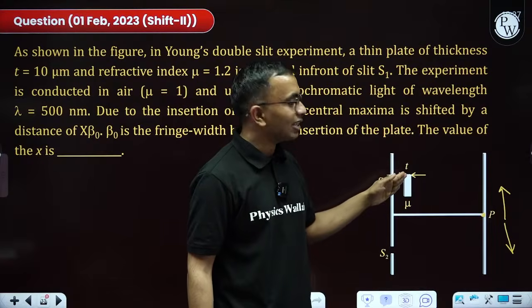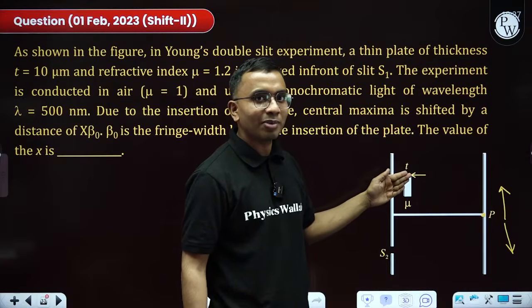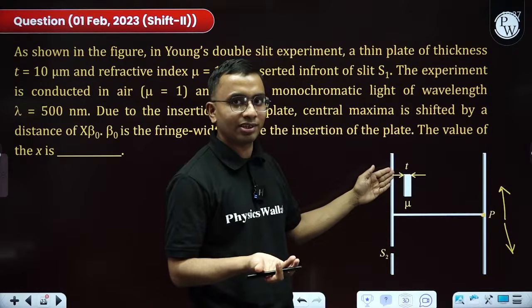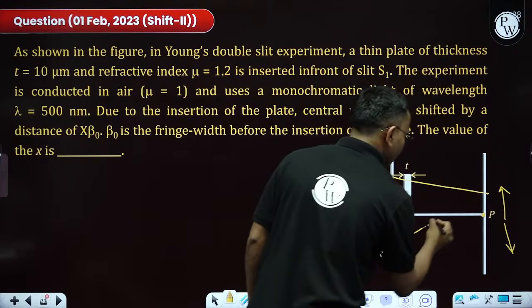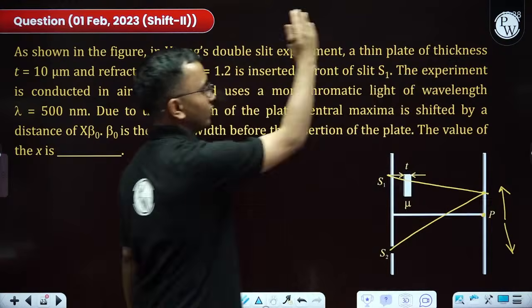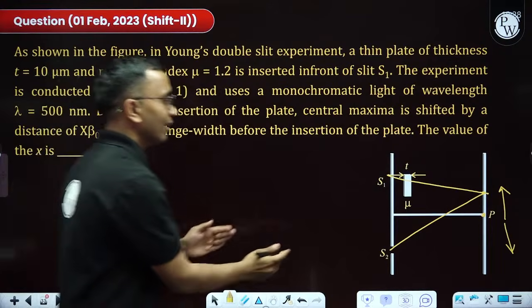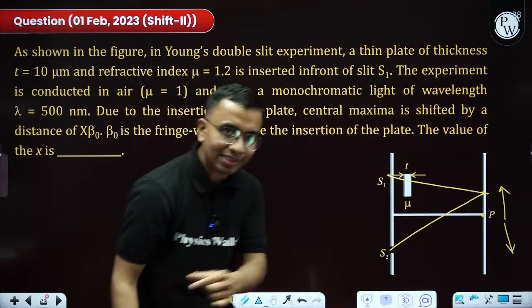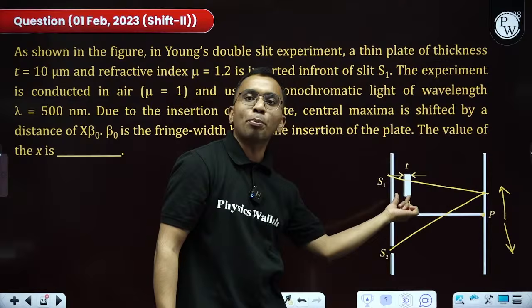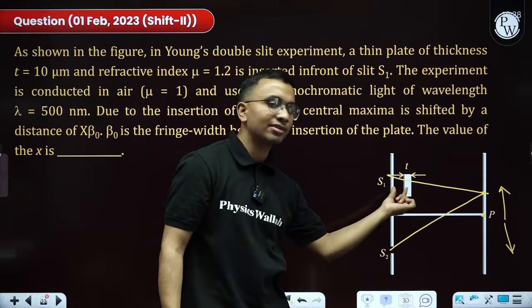For central maxima, the lower one should adjust that extra, so central maxima will shift somewhat up, such that the path difference adjusts the optical path difference caused by this thin sheet.